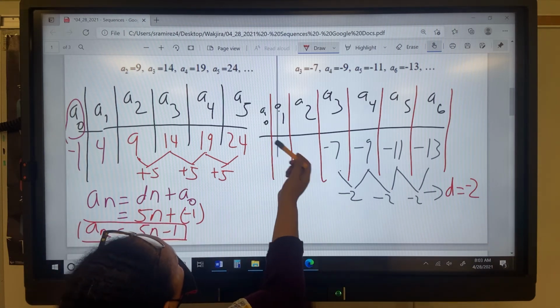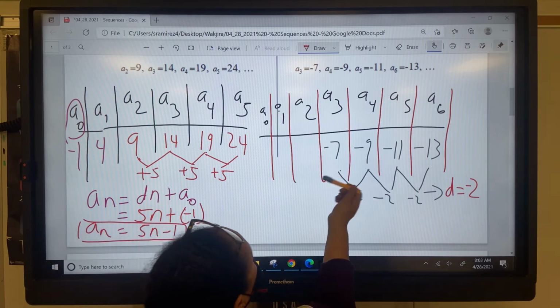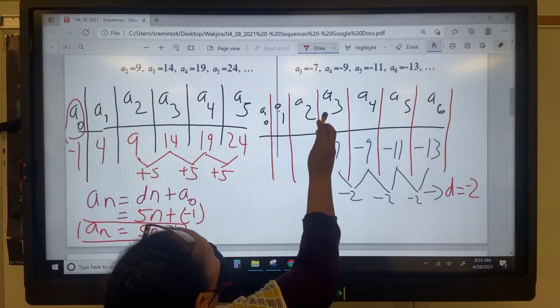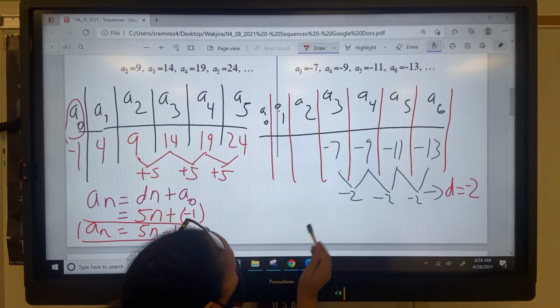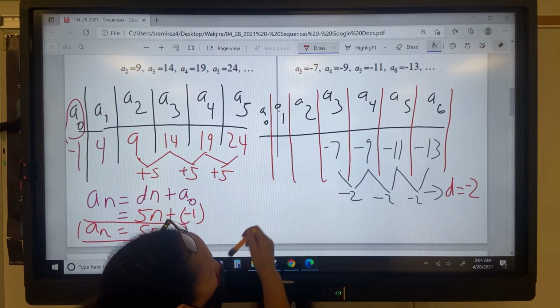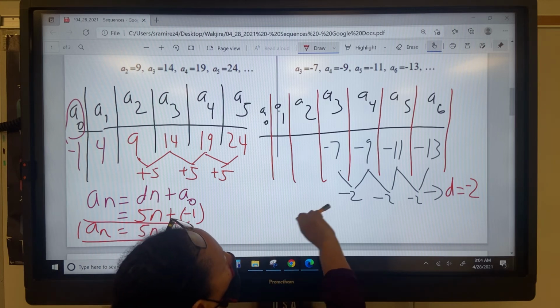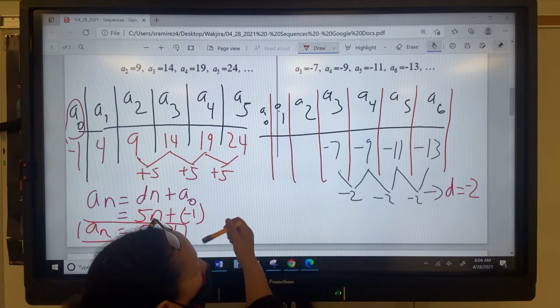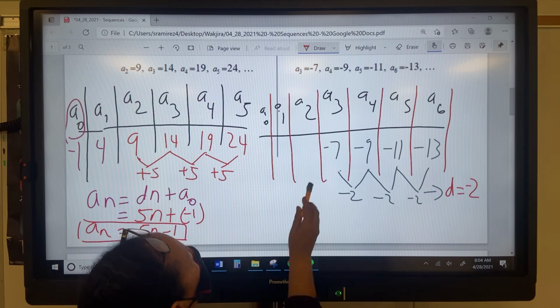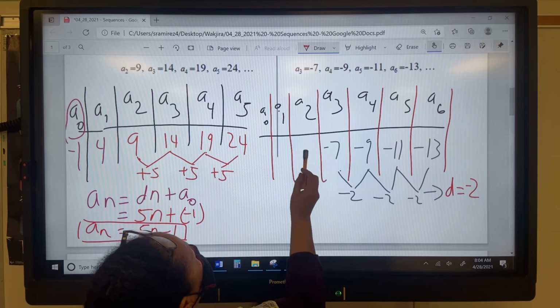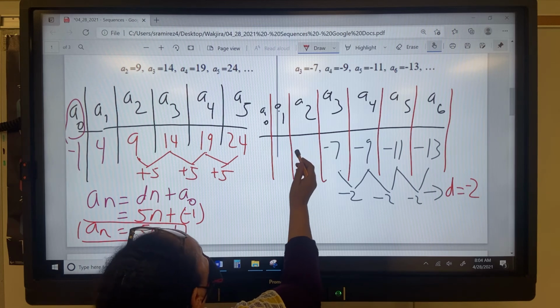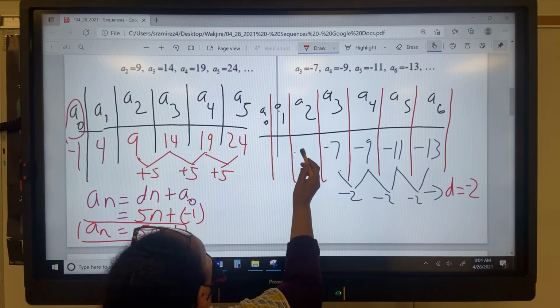In order for us to find A sub 0, we have to calculate to the left. If we minus 2 over here, we have to go to this side plus 2. So when we add 2 to minus 7, it will be minus 5.